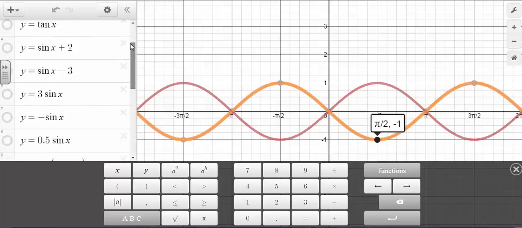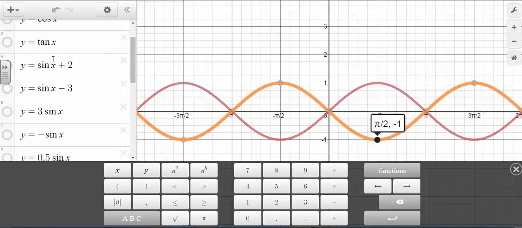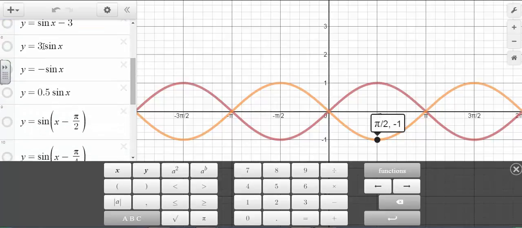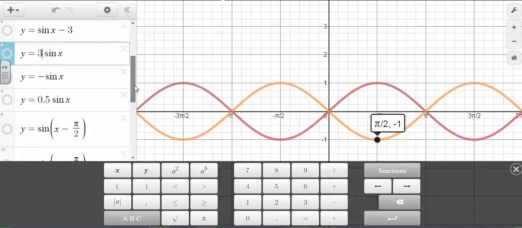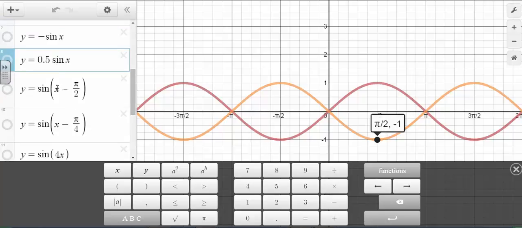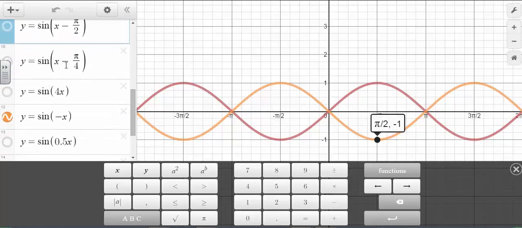Again, what you're looking to do is use the fact that we know what this now does: adding a value onto the end raises and lowers my graph, multiplying by a number out front stretches and compresses through the y direction. Obviously here we're shifting left and right, and here we're looking to compress in the horizontal.